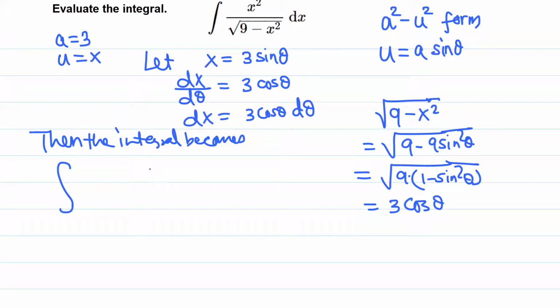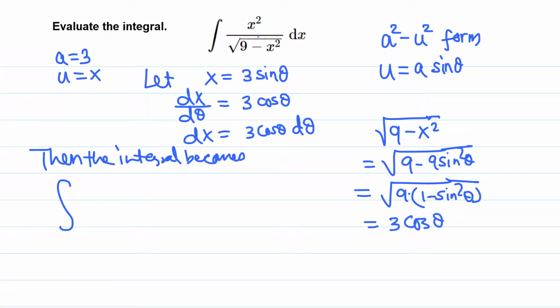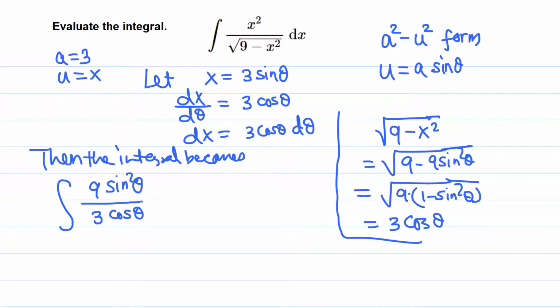On the top, we have x squared, that is 3 sine theta quantity squared, which means 9 sine squared theta. On the bottom, the square root of 9 minus x squared, which I worked out, came out to be 3 cosine theta.